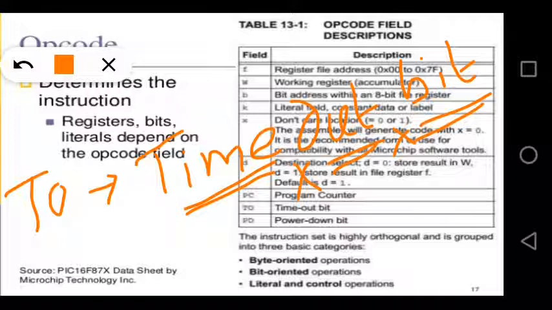So what is this timeout bit? That means if a processor is waiting for some IO operation and it couldn't complete within a specified amount of time, then you can call it a timeout bit.